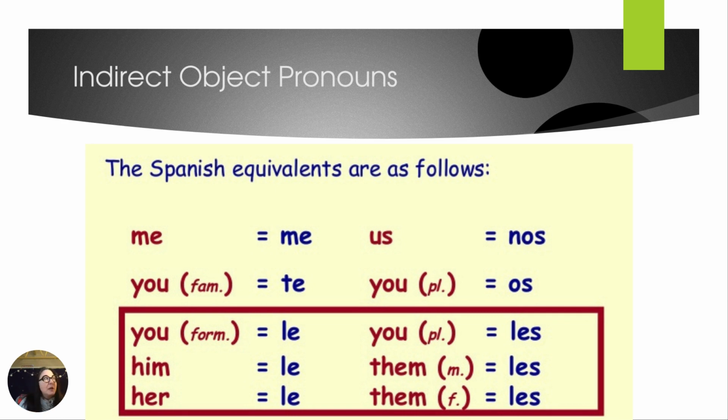So indirect object pronouns, to me, to you, to him, to her, to us, to them. So this is the chart that we're using. So notice right here that this is where we get the me and the te from. So now you know what they're called. They are indirect object pronouns. Now, let me show you how they work.